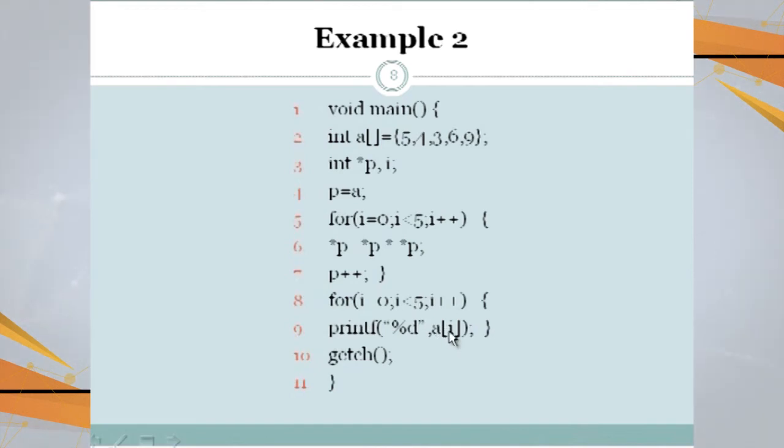First A0 will be displayed, then A1, then A2, then A3, then A4 ultimately. And you will see in the output that while initializing the array, we have initialized it to the values 5, 4, 3, 6 and 9. But in the output you will observe that the square of each element is calculated by using the pointer mechanism.